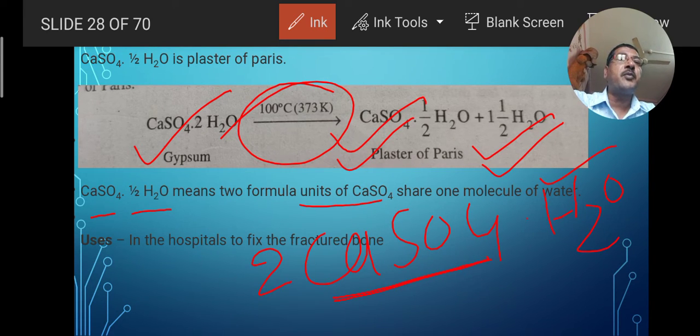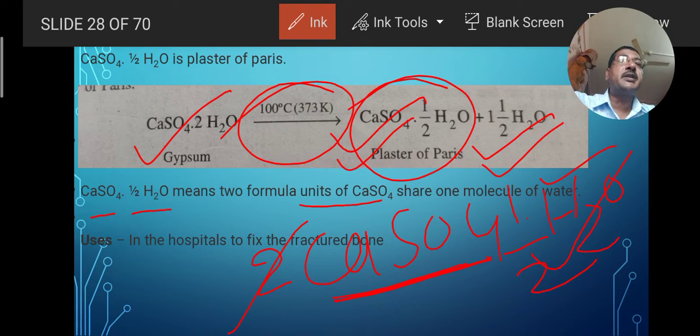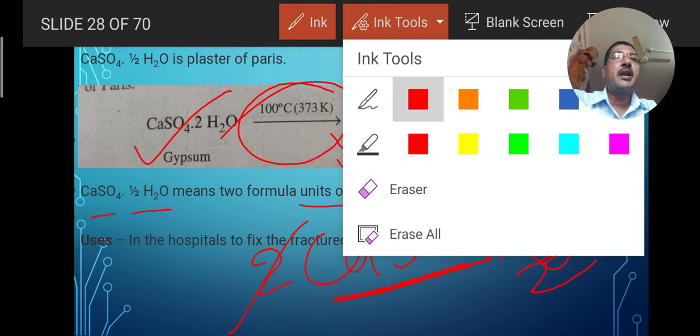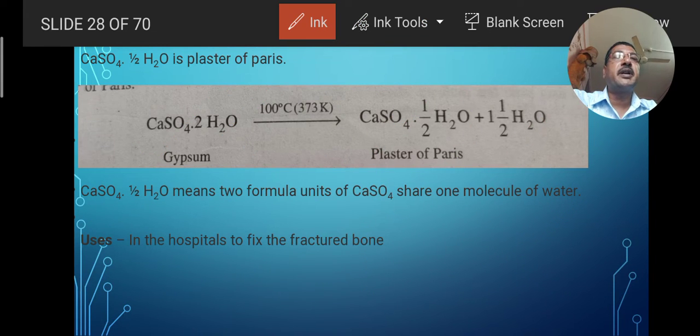Definitely, 2 formula units of calcium sulfate sharing 1 molecule of water means 1 formula unit of calcium sulfate will have half a molecule of water. Understand? Actually it is not possible to have half a molecule of water, but to represent it in the chemical reaction, half a molecule of water is attached here and 1.5 molecules of water are given out. This is how it happens. This is the explanation. Let me tell you on another slide, then it will be clear to you.